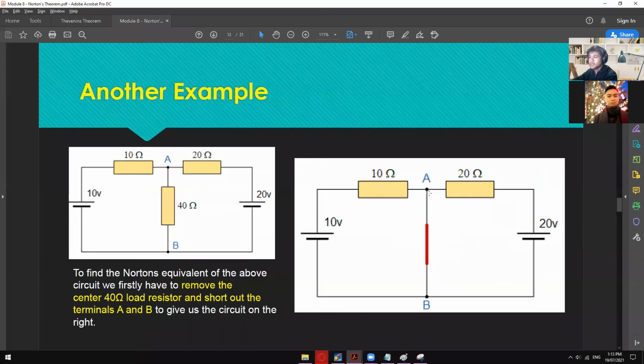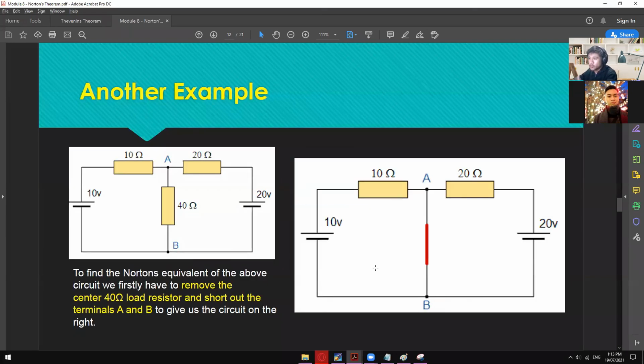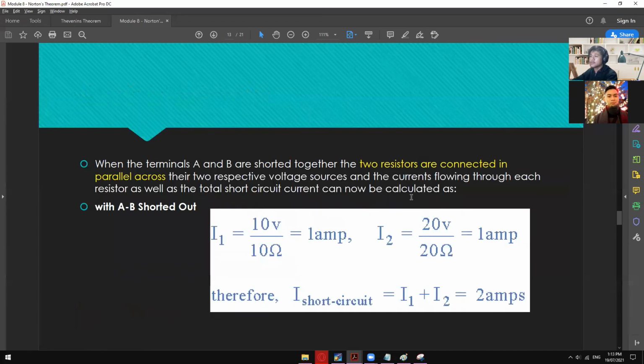So the same concept with what we have in here. After leaving this one open, and then after removing the sources, just short this one. Hindi lang pinakita kasi solution na kaagad yun dito. But yeah, just short this voltage source right here. And then you can now combine this 10 ohms and then 20 ohms via parallel.